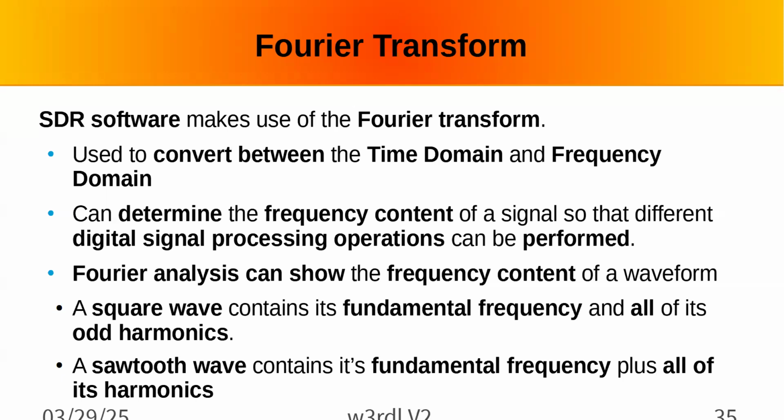So in the time domain, you're taking samples of the amplitude of a signal at different points in time. In frequency domain, you're looking at the amplitude of signals at different frequencies.